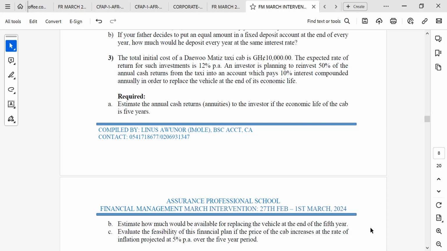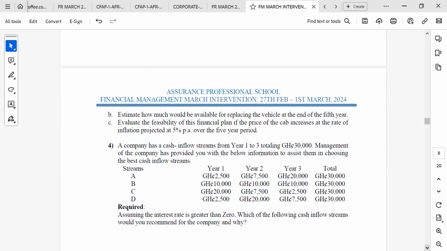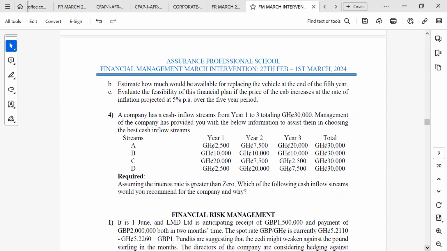Streams A, B, C, D, and then years 1, 2, 3 with the total. Required: assuming the interest rate is greater than 0, which of the following cash flow streams would you recommend for the company and why? Do you have any idea about how that particular question should be tackled?